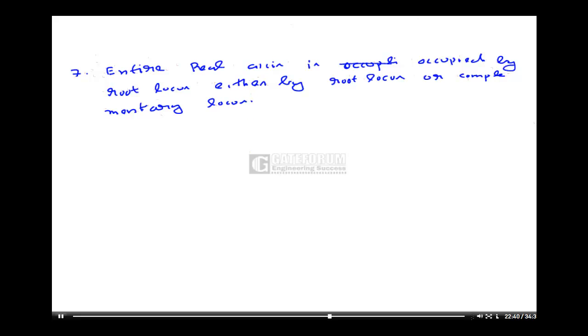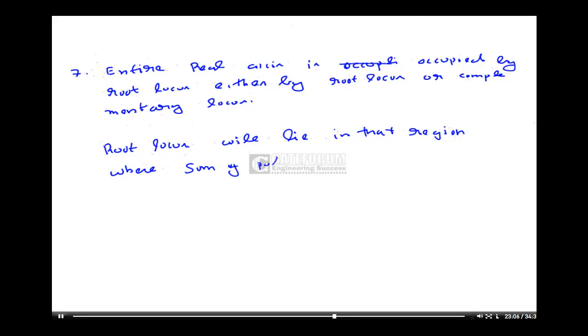Now if we take the case of only the root locus, then the root locus will lie in that region where the sum of poles plus zeros to the right is odd.